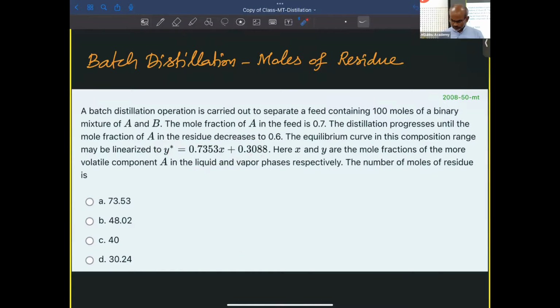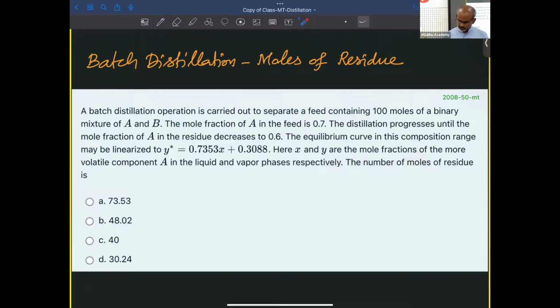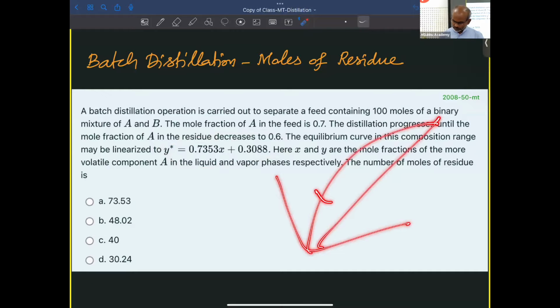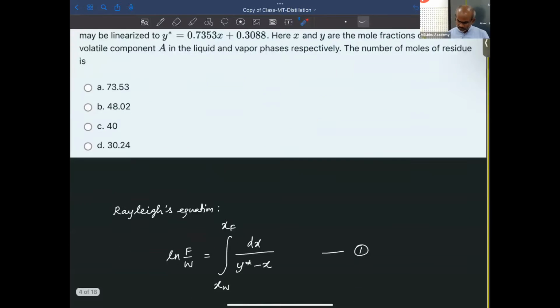The equilibrium curve is either given in terms of y related with alpha, or here it is given in a nice straight line form. It will be a curve, but for a short range they have approximated it as a straight line. So that equation can be substituted here.